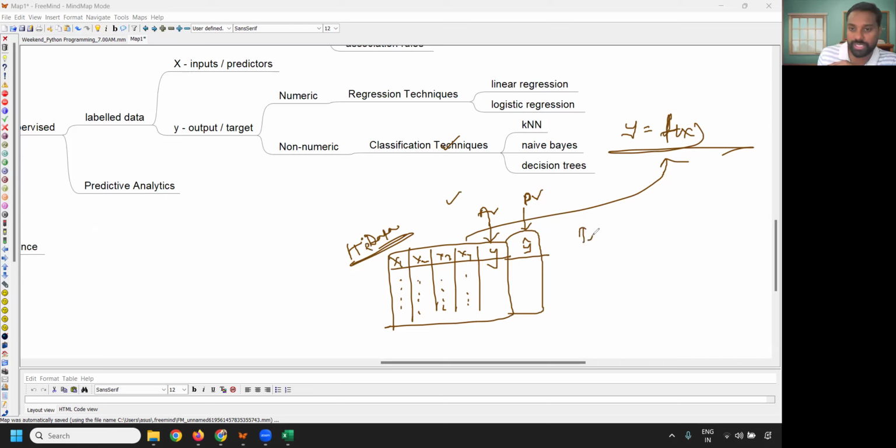Let's say this is your test data set or trained data set, whatever that is. So we compare these two values, actual value and predicted value. Now in the regression case, these are numeric values like student marks or sales numbers or age prediction, etc., depending on what we are trying to calculate.